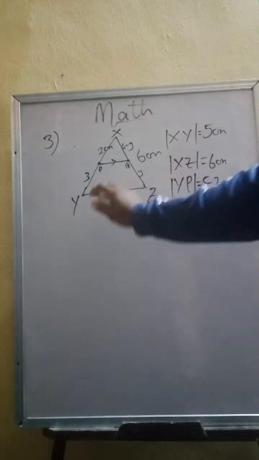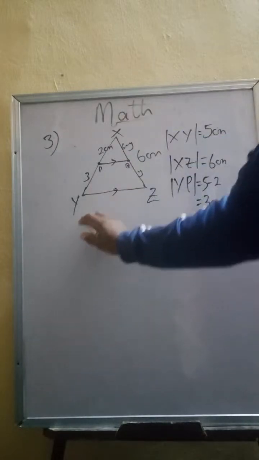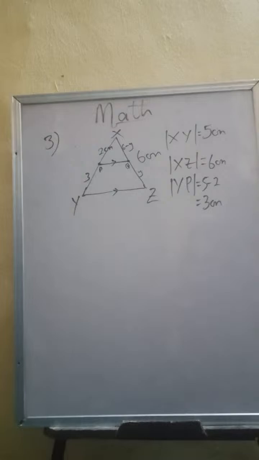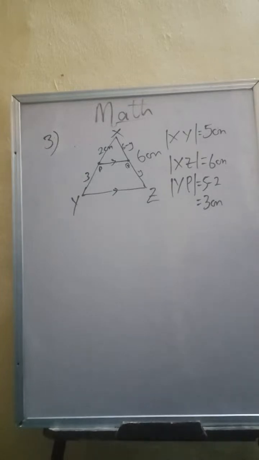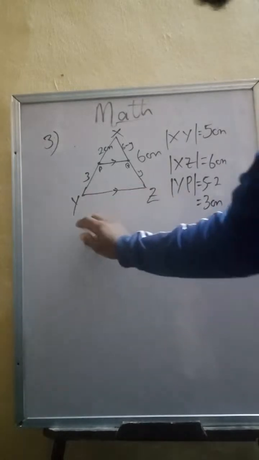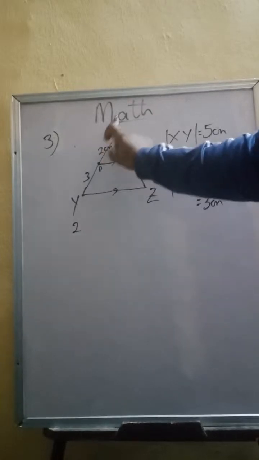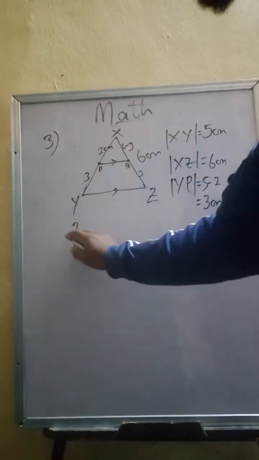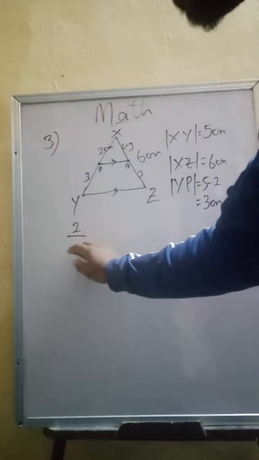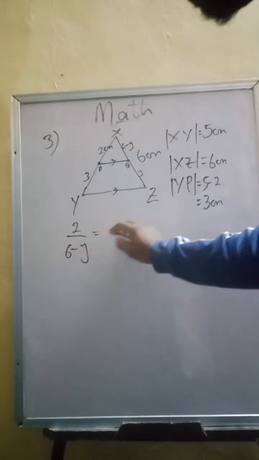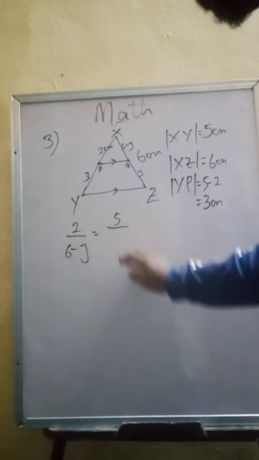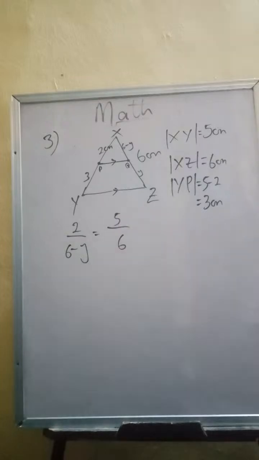So what you're saying in essence is the length of line XP, 2, over 6 minus y is equal to 5 over 6.